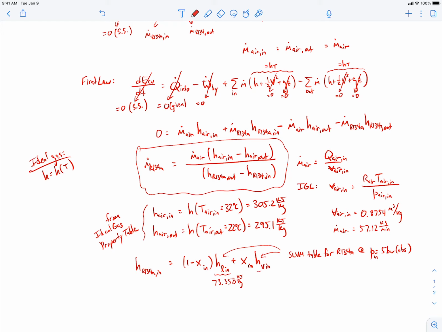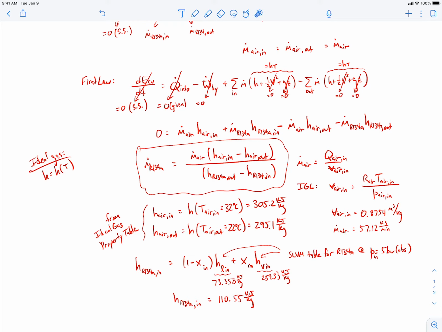The saturated vapor specific enthalpy was 259.33 kilojoules per kilogram. And so the h of R134A at the inlet comes out to be 110.55 kilojoules per kilogram. All right, so we're making progress.